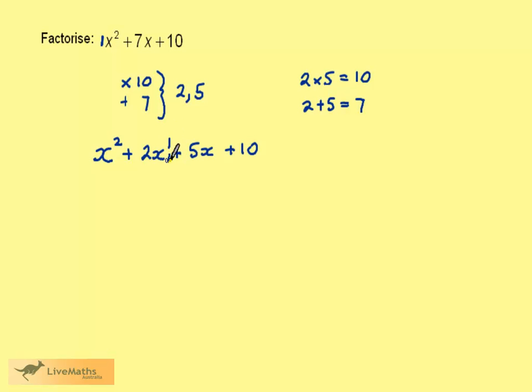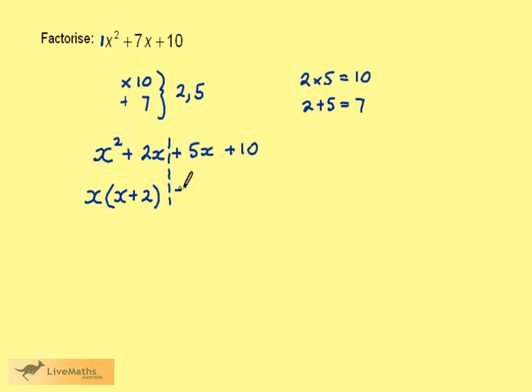What we now do is split this down the middle. We factorize the left half. X squared plus 2x has a common x, open a bracket, and we get x plus 2 in the bracket. You must be very fluent with your factorizing into single brackets by this stage.